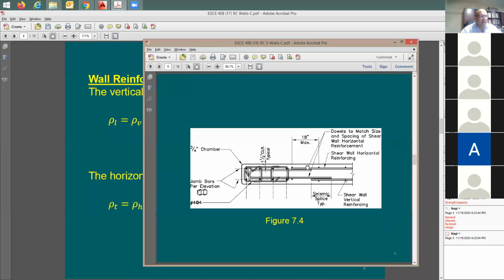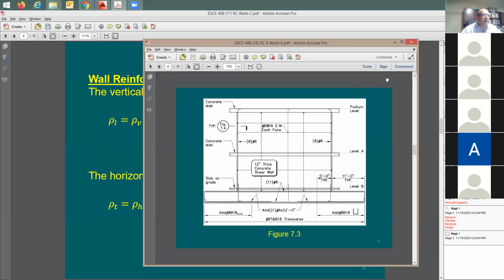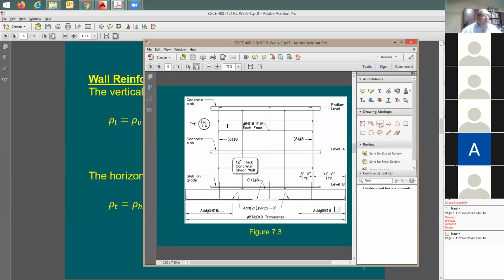Here, looking at the horizontal reinforcing, I'm taking this and this, adding them as if I'm taking a section throughout the wall, looking in this direction and also this way. You figure out how many horizontal rebars you have cut through, add them all together, and divide by the cross-section area you're cutting through, which is the wall height multiplied by the wall thickness.